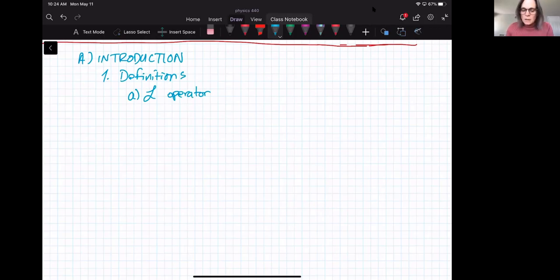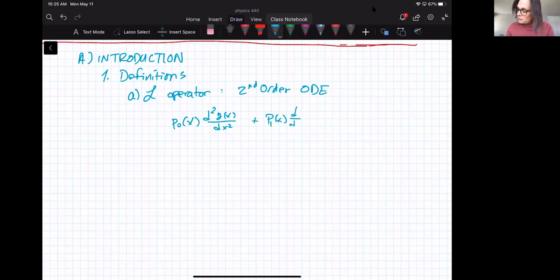So we're going to consider our normal second order ordinary differential equation. The way we've written it, we'll do it a little bit differently for now, namely P0 of x times d squared y of x over dx squared plus P1 of x d dx of y of x plus P2 of x.